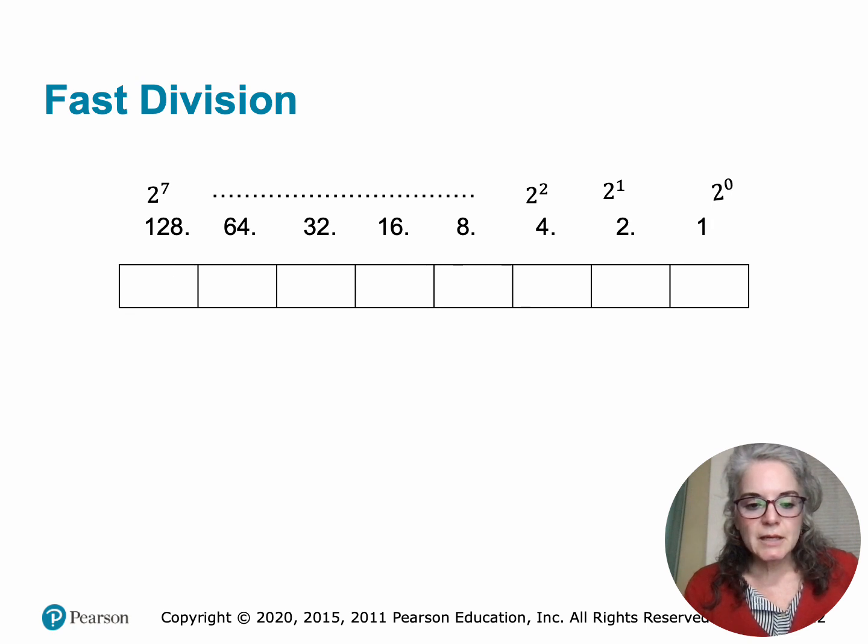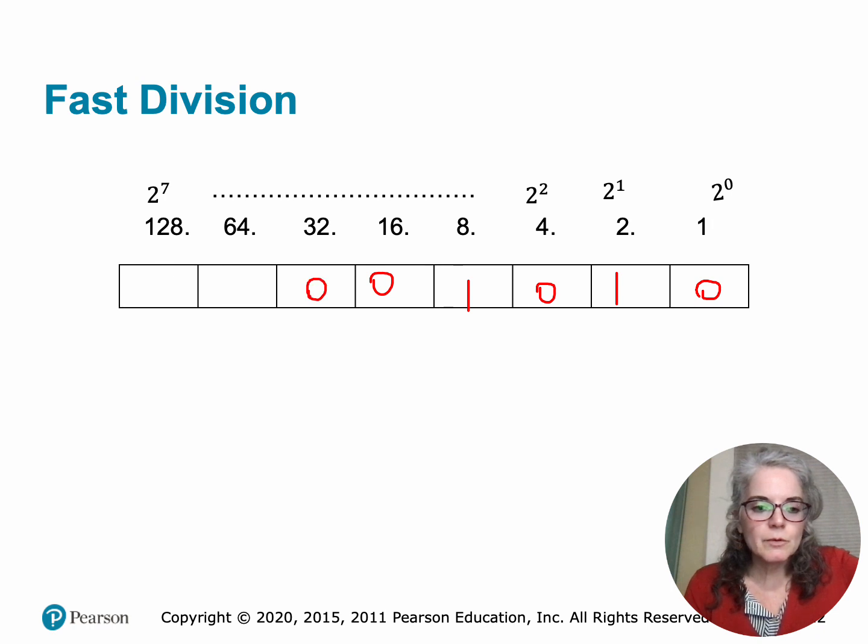So let's do an example. So let's do 10. If I want the decimal 10 in binary, I need 8 plus 2. 8 plus 2 is 10. All the rest of my bits are going to be 0. It's an easy way to do that.